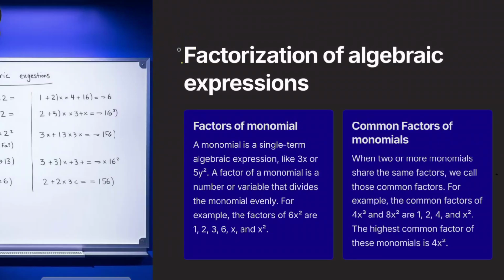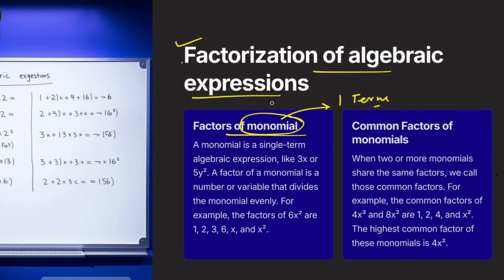Okay, now we're going to learn about the factorization of algebraic expressions. First, the factors of a monomial. The first question that will arise in your mind is, what is a monomial? Monomials are algebraic expressions having one term.